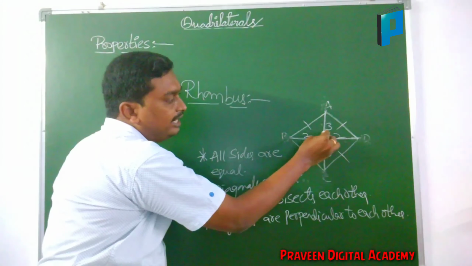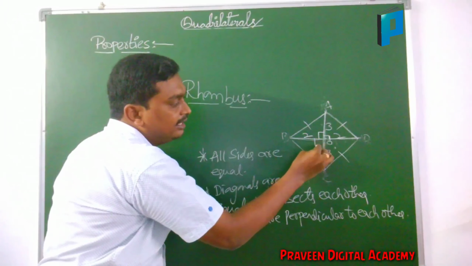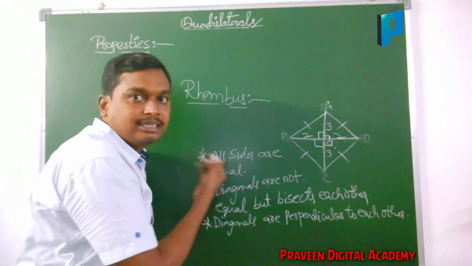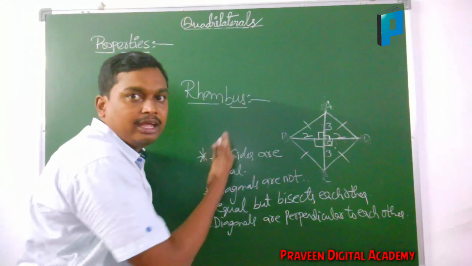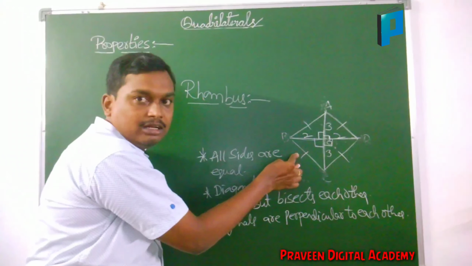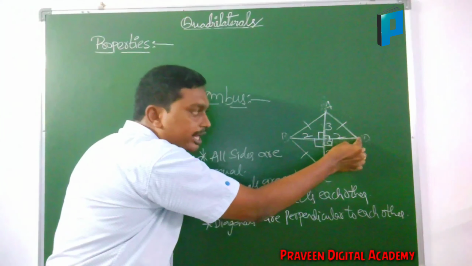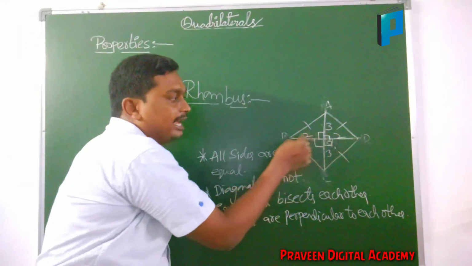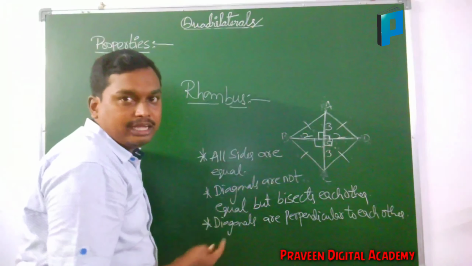Here also 90 degrees, here also 90 degrees, here also 90 degrees, here also 90 degrees. These are the properties of a rhombus. All sides are equal, diagonals are not equal but bisect each other, and diagonals are perpendicular to each other.